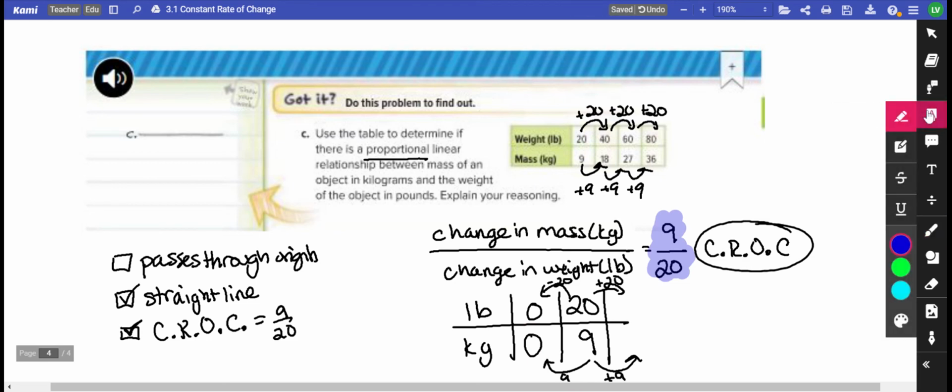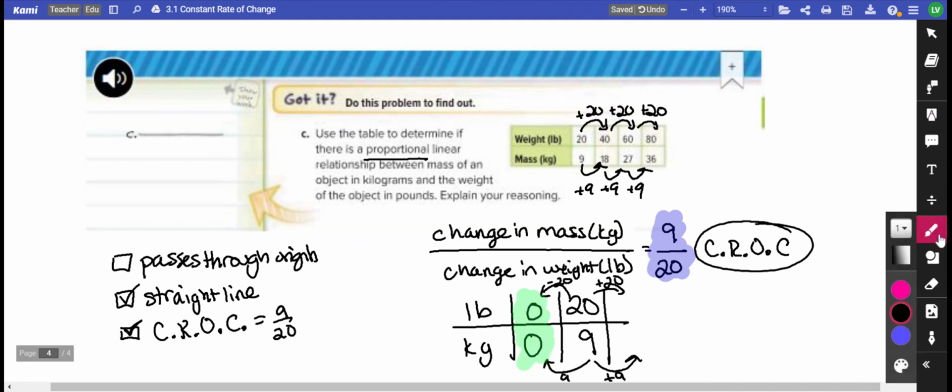So the origin's ordered pair is 0, 0. Oh, let me change the color of this. 0, 0 is my ordered pair, I'm sorry, is my origin.